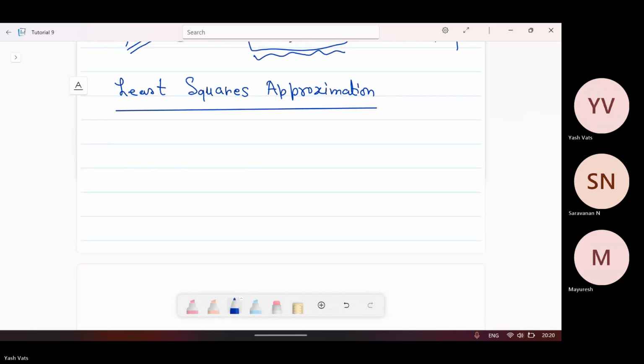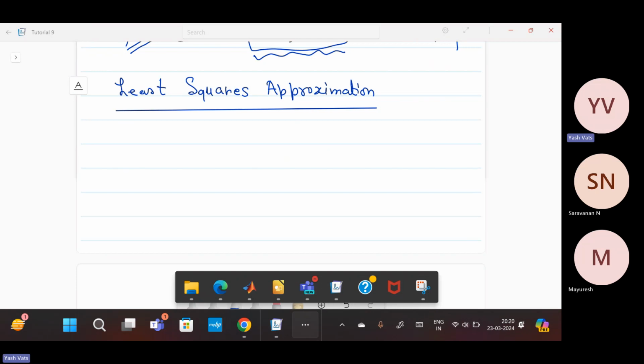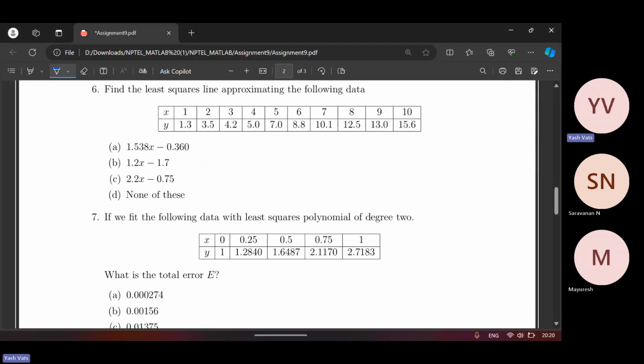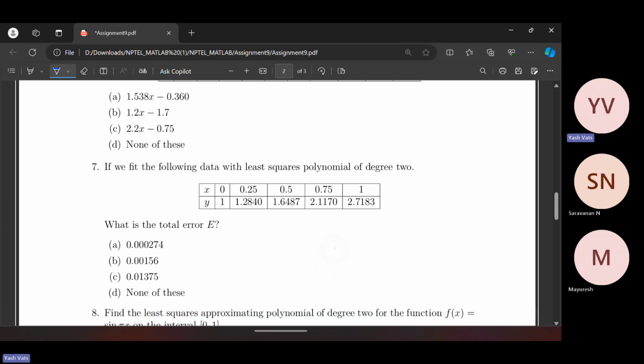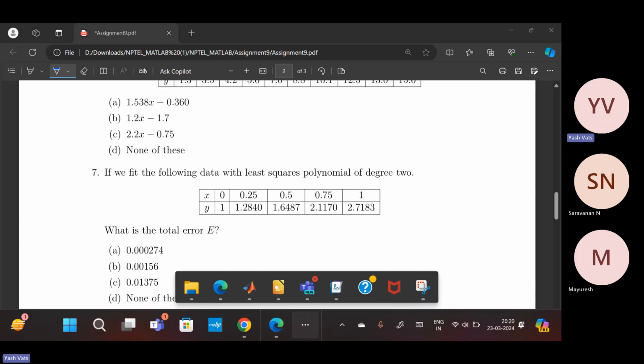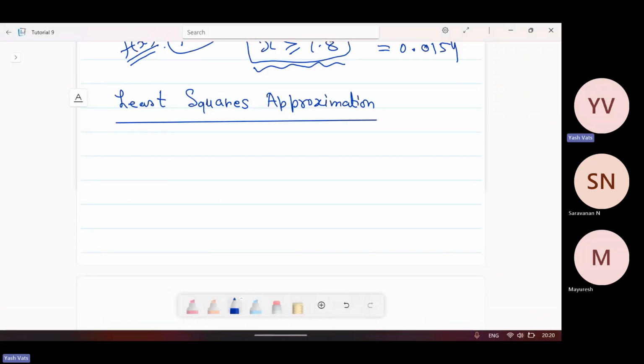So has least square approximation been discussed in the class? Yes? Okay. So find the least square line approximating the following data. It's a very big data, so we just take a small one, maybe. I don't want to do this one, but I'll do another question.